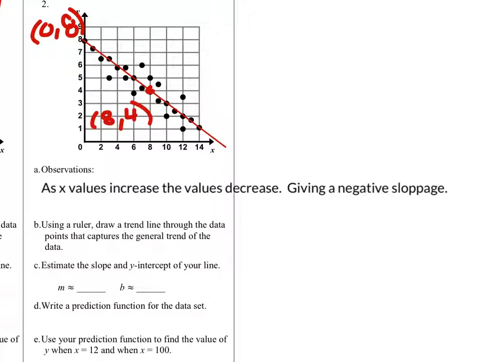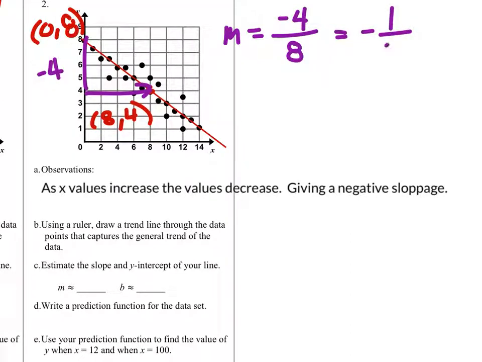So this time I'm going to use the right triangle to solve these. From 8 to 4, I went down 4, so my slope is down 4. And then we went to the right 8, making this a slope of negative 1/2. 2/5 is close enough.